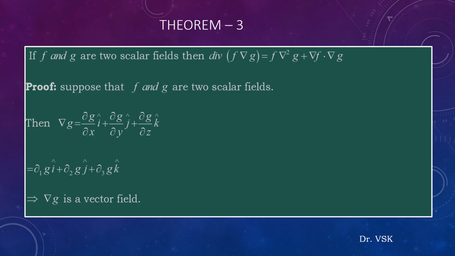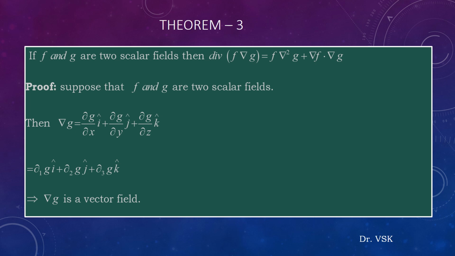Let us take our next identity as theorem number 3. This theorem 3 can be proved by using theorem number 1. In this theorem 3, we have to select two scalar fields. Suppose that F and G are two scalar fields.